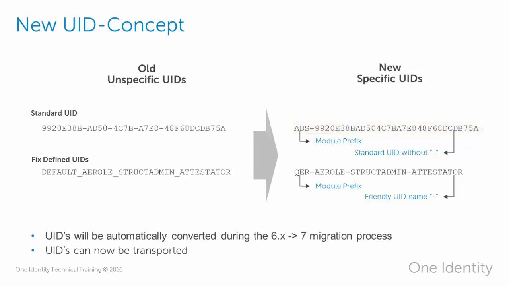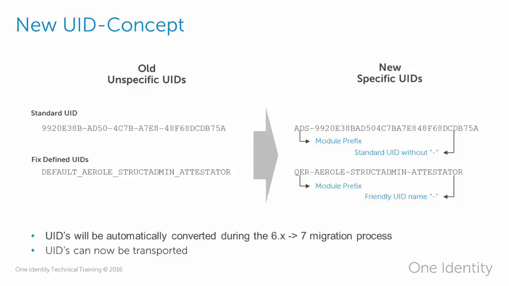These UIDs are as long as the UIDs before, but we have replaced 3 of the characters by the module prefix. Together with one additional dash, this is now a prefix that converts that automatically generated UID to a fixed UID, which is now transportable.